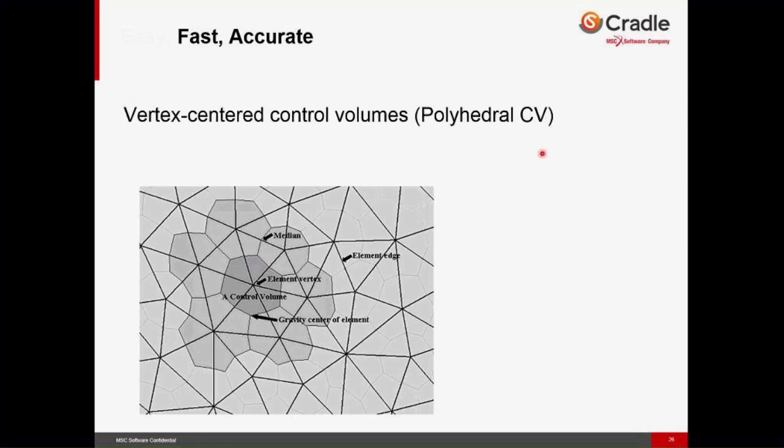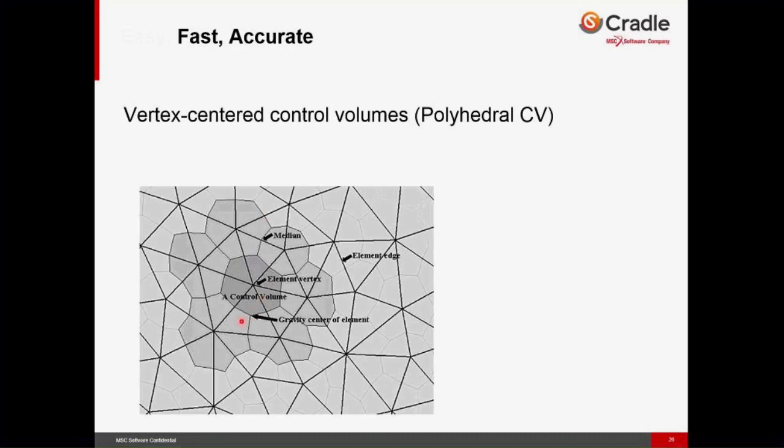Now, one of the schemes that we are using in SCTetra is so-called vertex-centered control volumes. After you create a hybrid mesh consisting of tetra mesh, prisms, pyramids, and hexa meshes, the solver internally creates polyhedron control volumes using vertex-centered schemes.